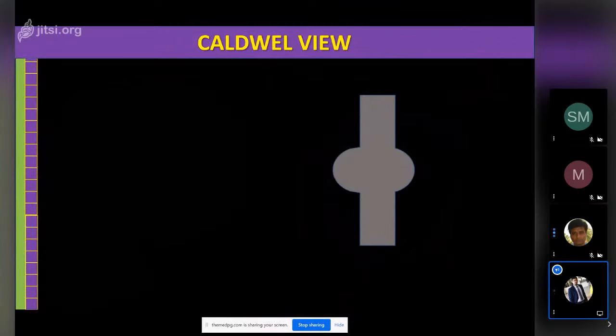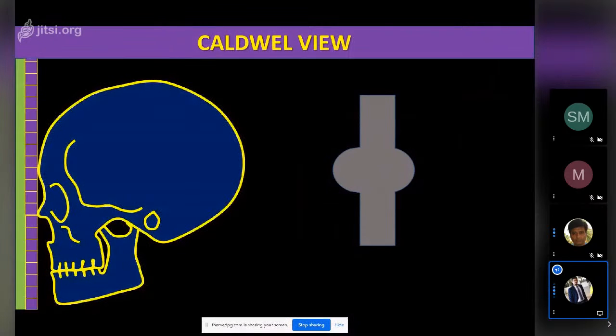Now, an important thing is to identify which part of the body is in contact with the image receptor. That is the face and the front of the head. When the face or front of the head is in contact with the image receptor, this we always have to keep very clear. That is a very important concept. When I keep my hand away from the light, we make a shadow on the ground.